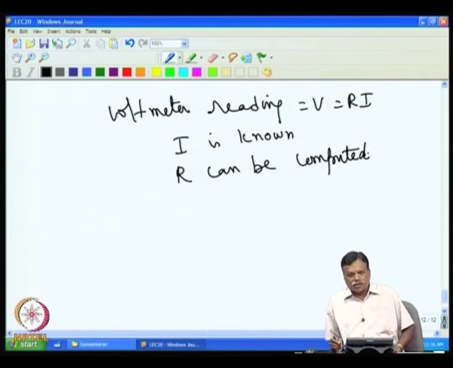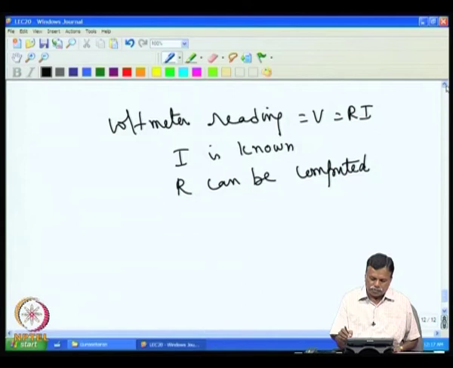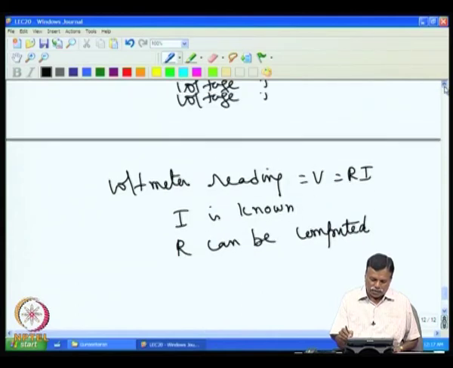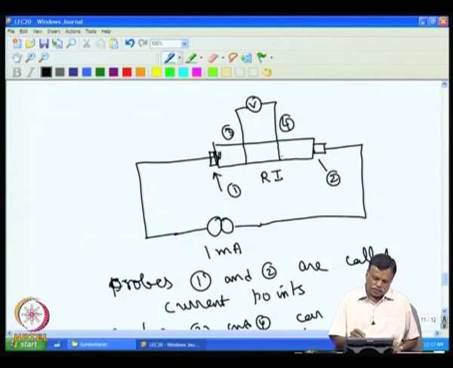Now, that is about the measurement. But the question is why this method is accurate, and why the contact resistance is not a problem. If you look at the circuit, the voltage that appears here depends only on the resistance between these 2 points.